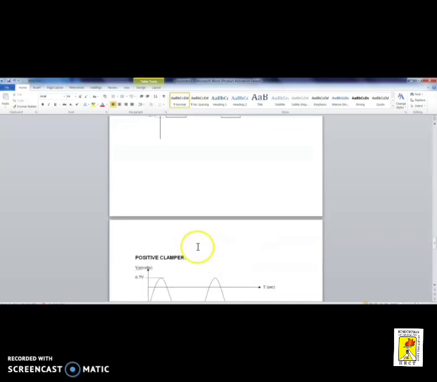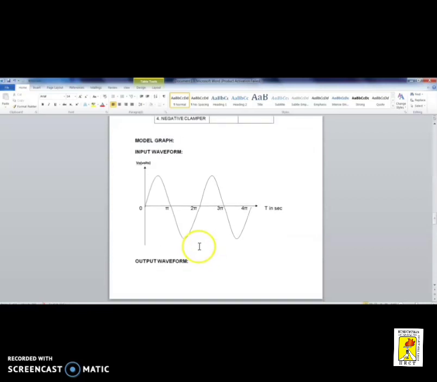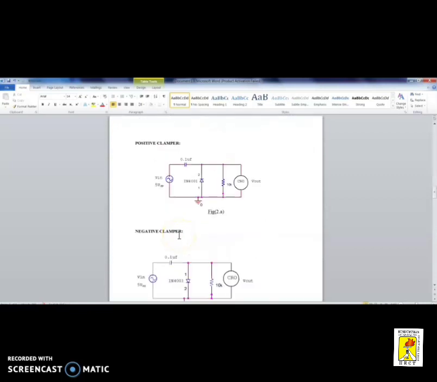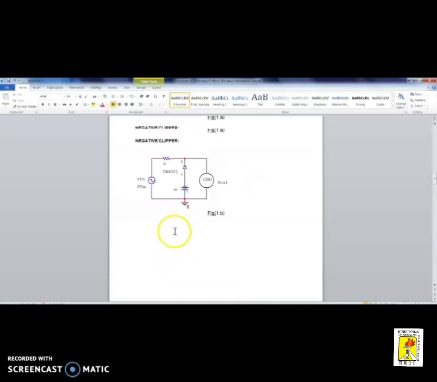Next, one more circuit in this wave shaping that we are going to look at is the clamper circuit.